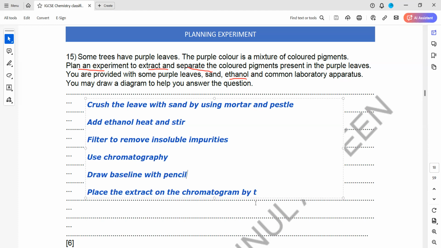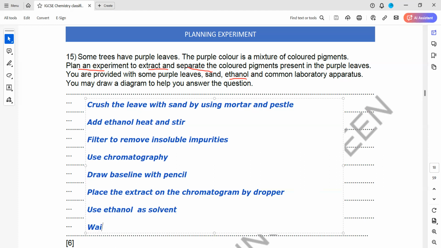Then we'll place the extract on the chromatogram, on the origin, by using a teat pipette or a dropper. Then here also again we'll use ethanol as solvent. You cannot say water, because the solvent available is ethanol. So use ethanol as solvent.